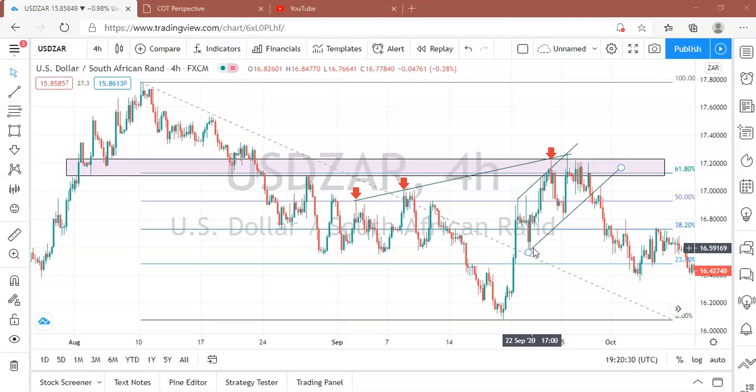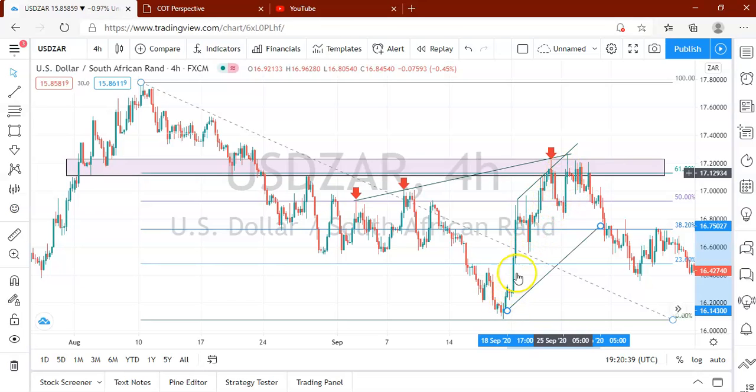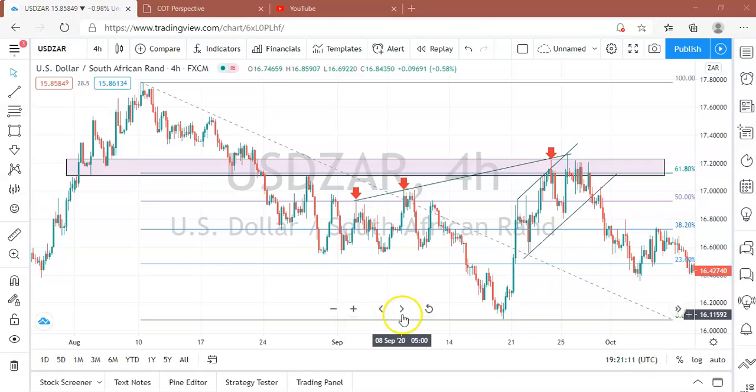In this example, it's actually a reversal. In addition, you can see this 1, 2, 3 structure, which we also teach, but I haven't been teaching much on it because it's not easy to identify, but it did play out well.